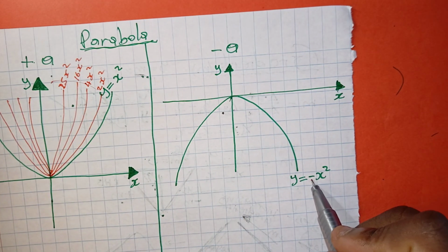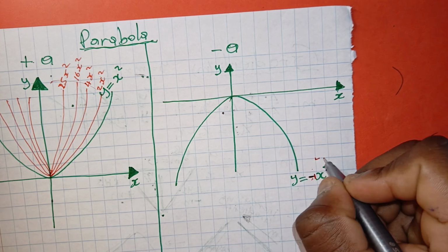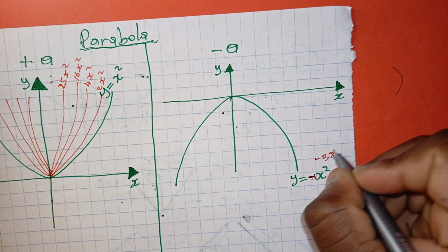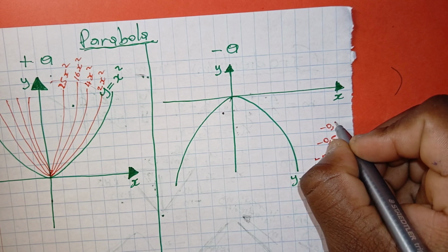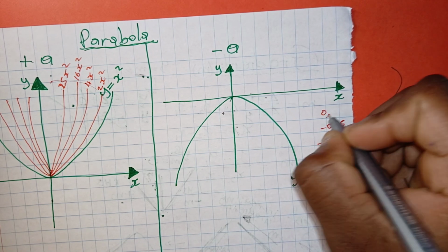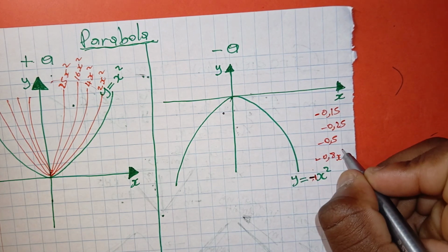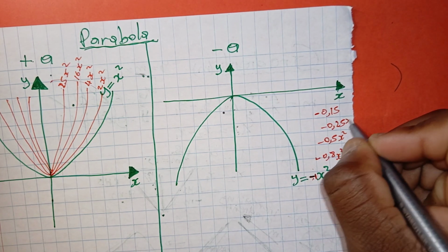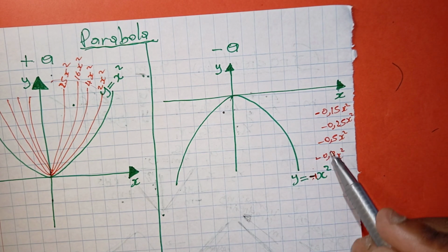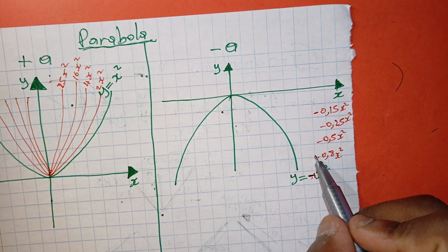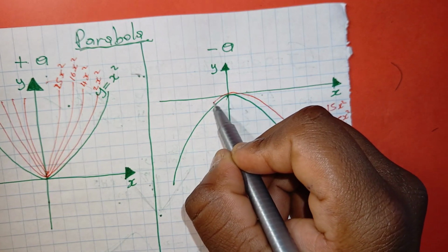But if you can check from here, when I increase it from -1, I will increase it to -0.8, -0.5, -0.25, -0.15. So here I'm increasing this gradient. What you will notice is, as I increase a negative gradient, this thing will just approach the x values.